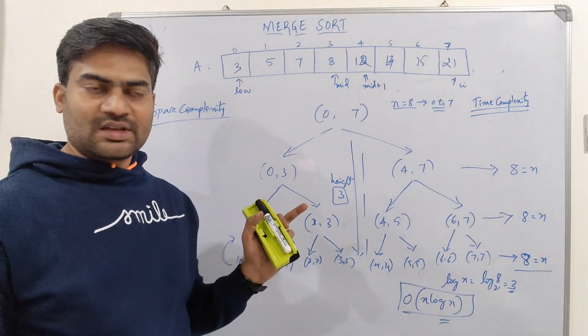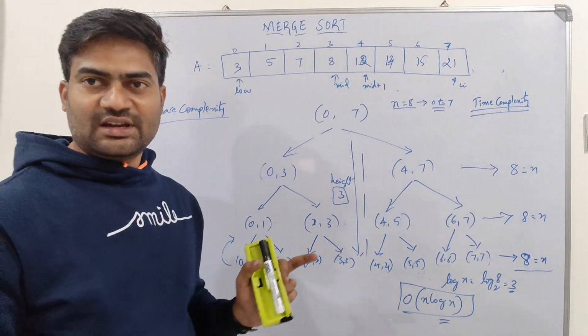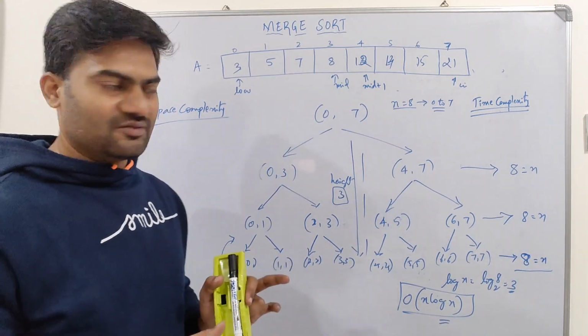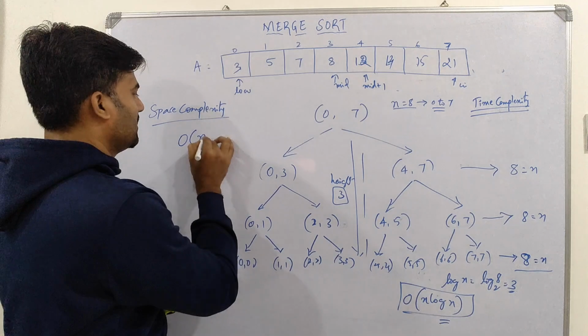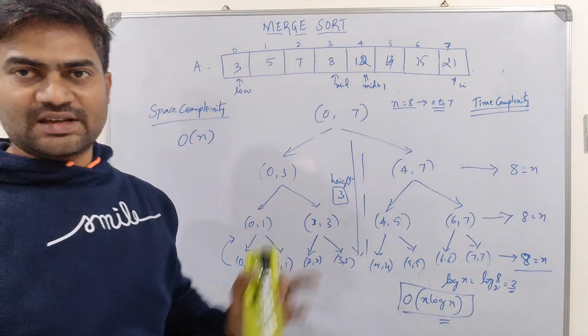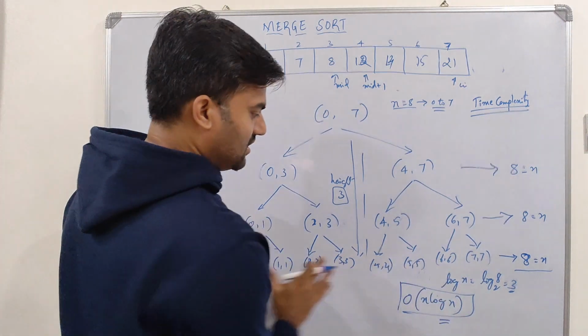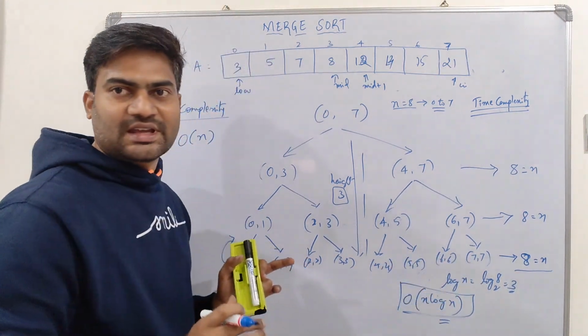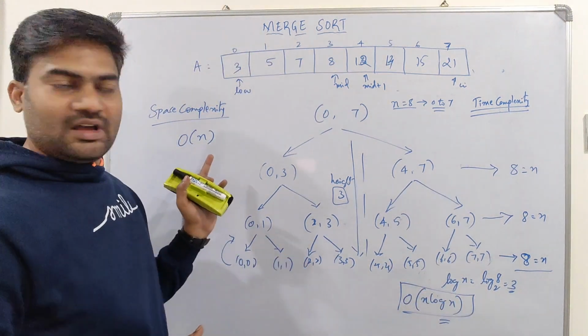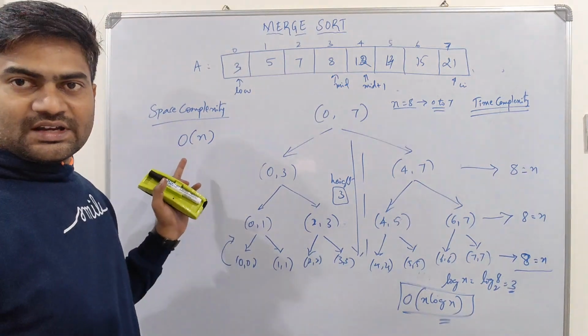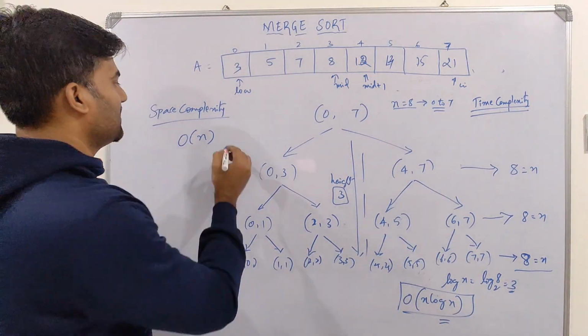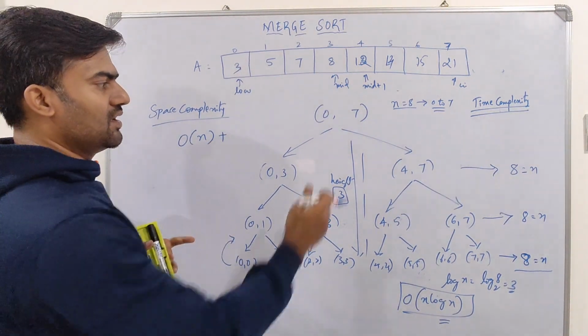So it means at each level, we need extra space, which is of order n. N is basically the length of the array. So wherever at each stage merging happens, it takes an array of order n.